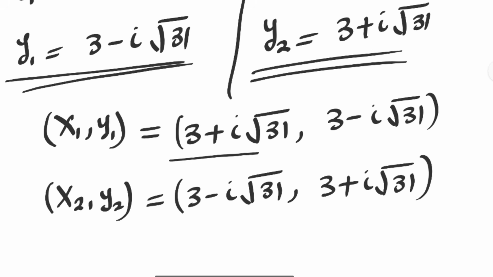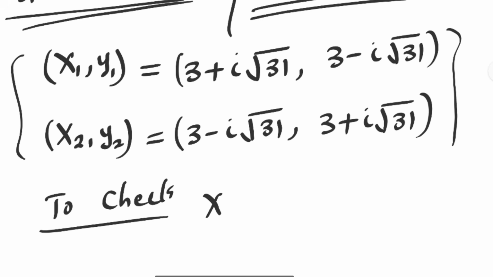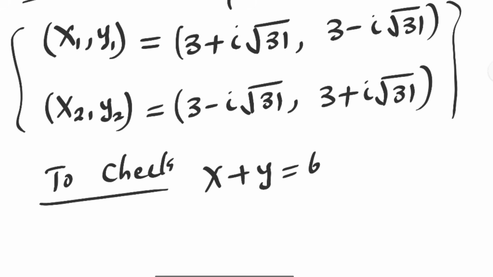You can see that the value of x1 is equal to the value of y2, and the value of y1 is equal to the value of x2. We may check to confirm if this answer is right or wrong. Let's check. To check, the given equations are x plus y is equal to 6, xy is equal to 40.